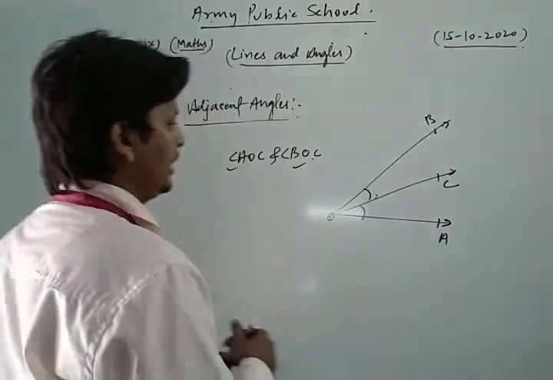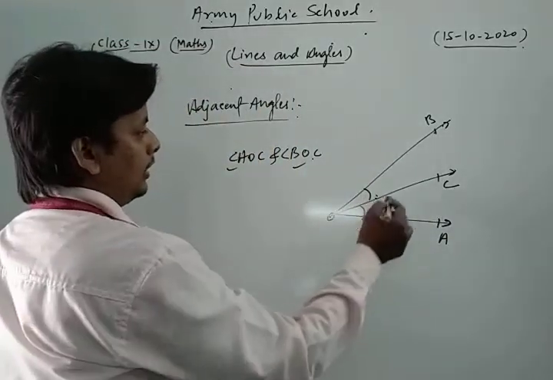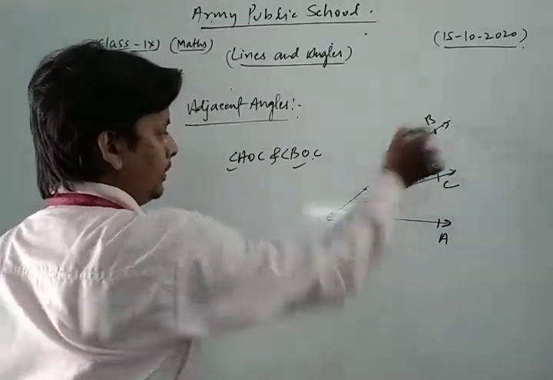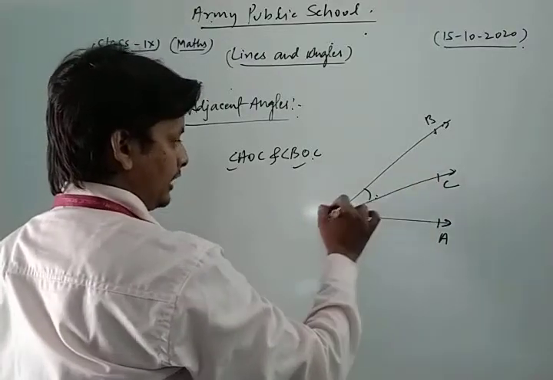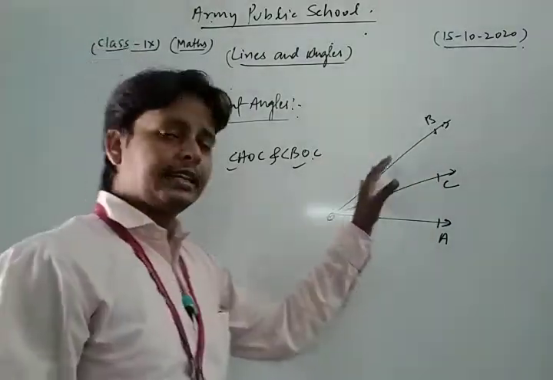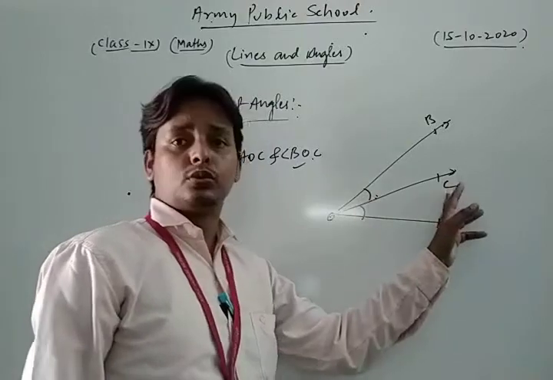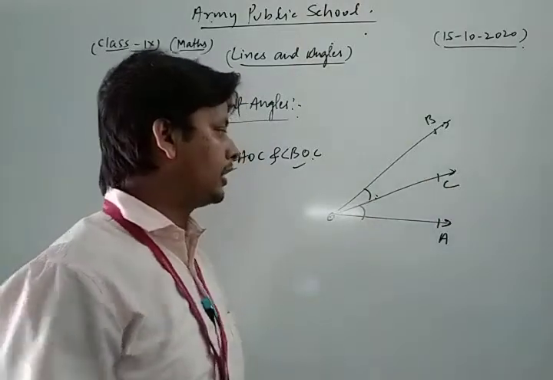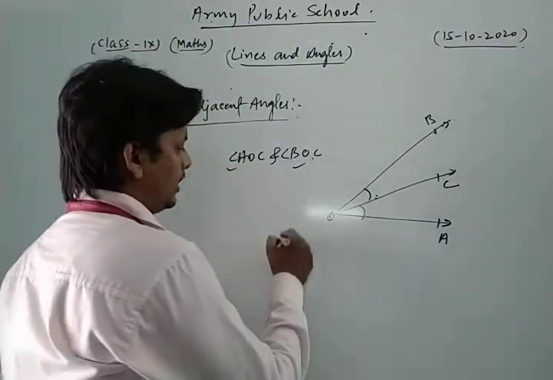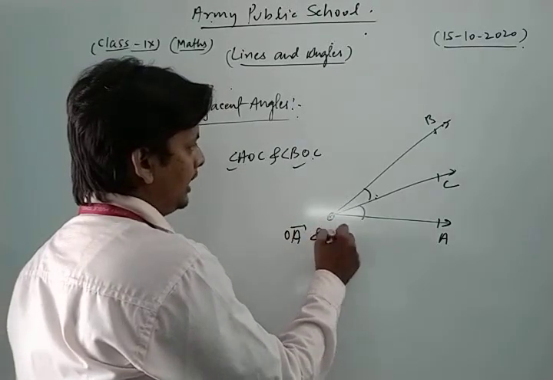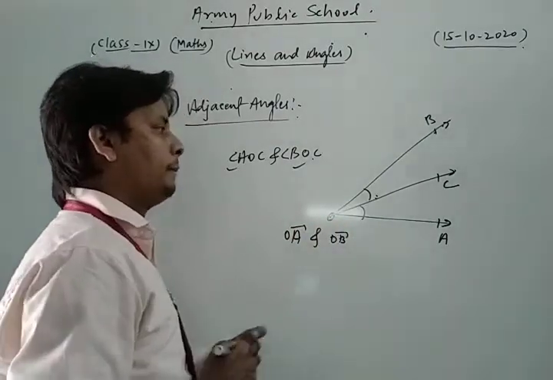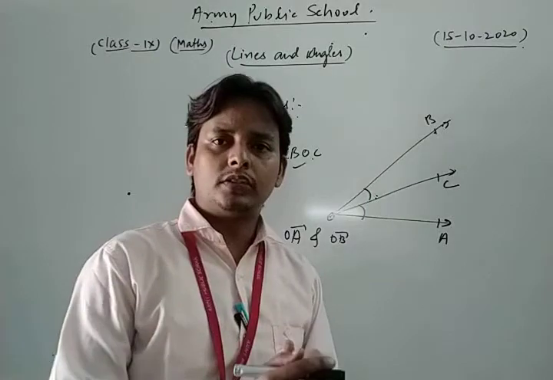So in that figure, angle AOC and angle BOC have the same vertex O, they have the common arm OC, and their non-common arms, OA and OB, are on either side of the common arm.